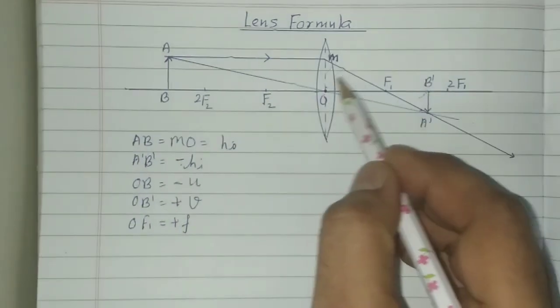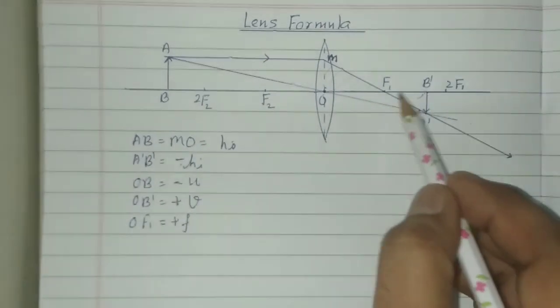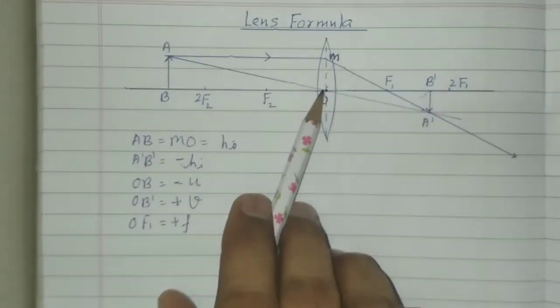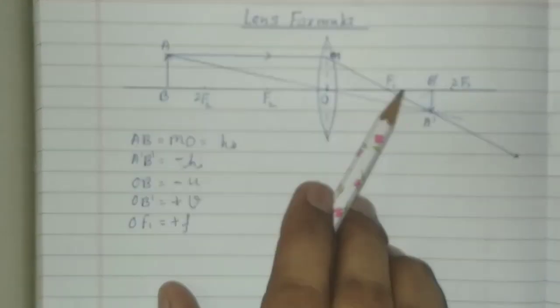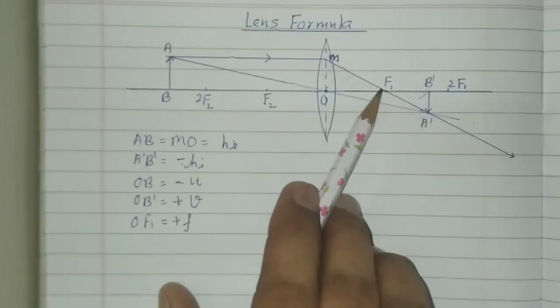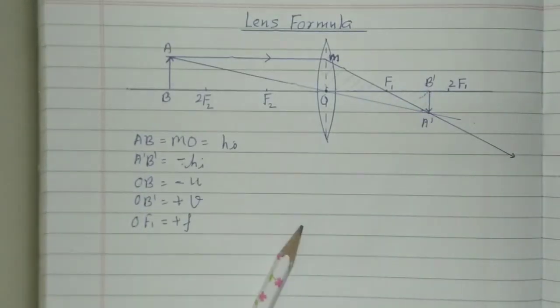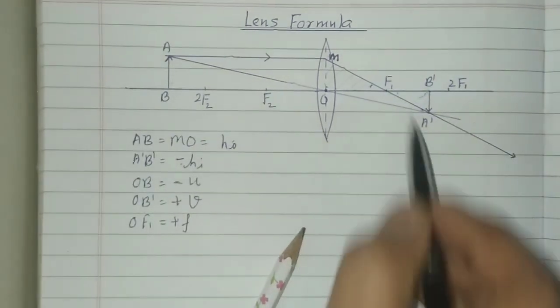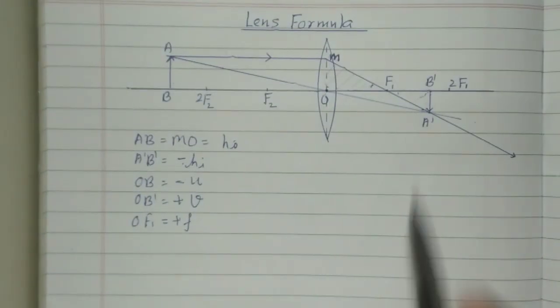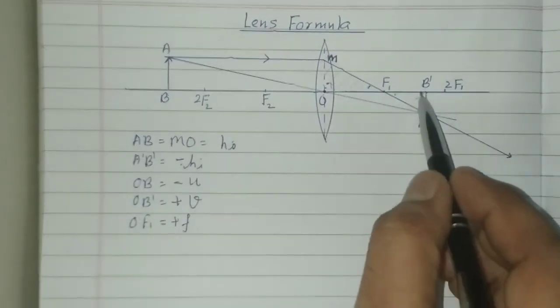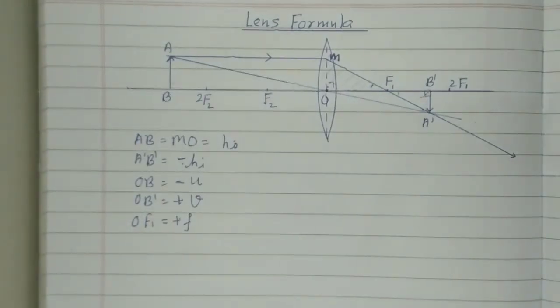Now we will take these two triangles which I am shading. Triangle MOF1 and A dash B dash F1. In this triangle, these two angles are equal because they are vertically opposite, and these angles are equal because they are 90 degree, and these two triangles are similar to each other.